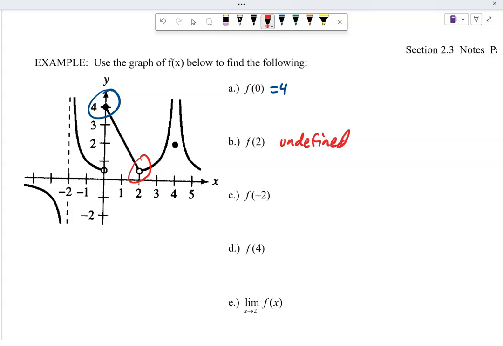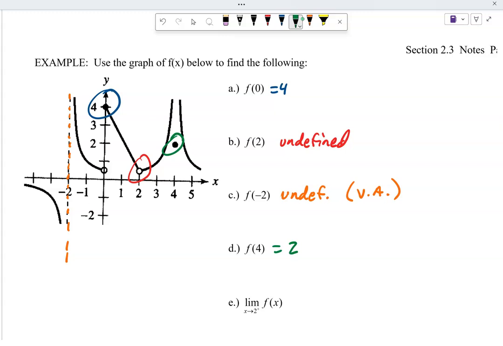How about f of negative 2? Well, notice at negative 2, you see I have an orange there, that vertical asymptote. So f of negative 2 is also undefined. I have a vertical asymptote there, so there's no functional value. F of 4, right there in green, it looks like that ends up being 2.